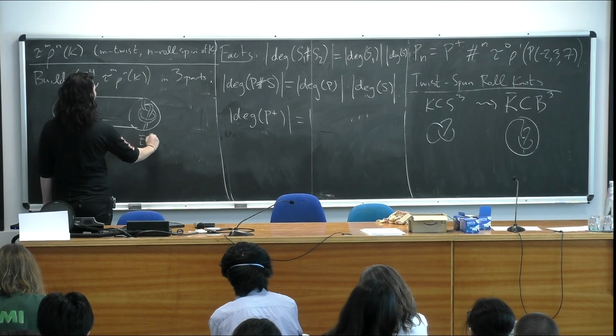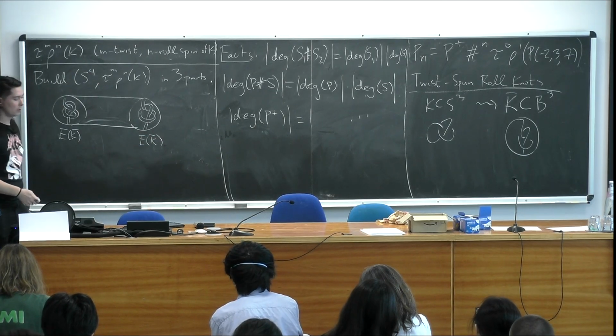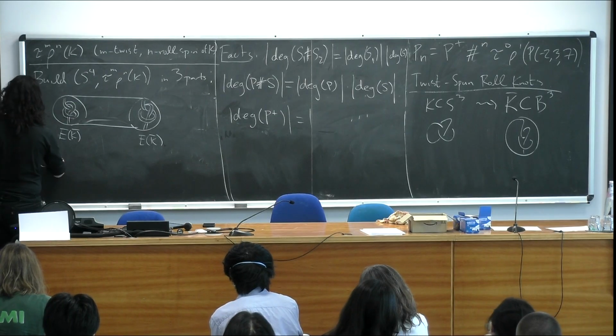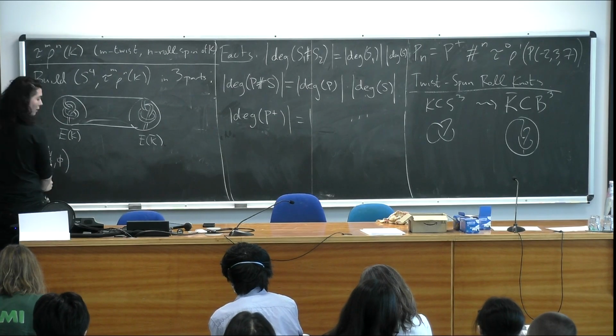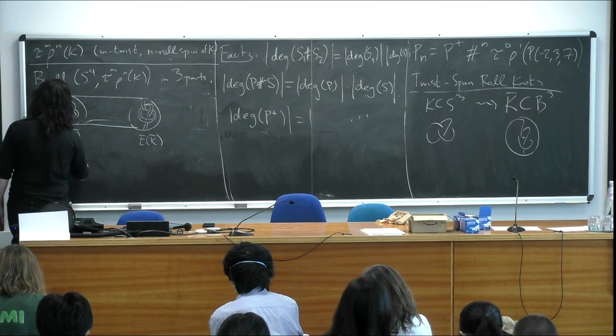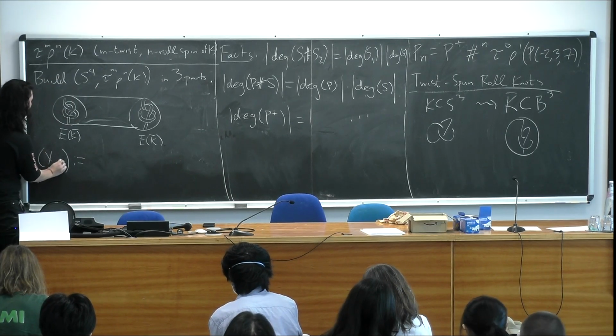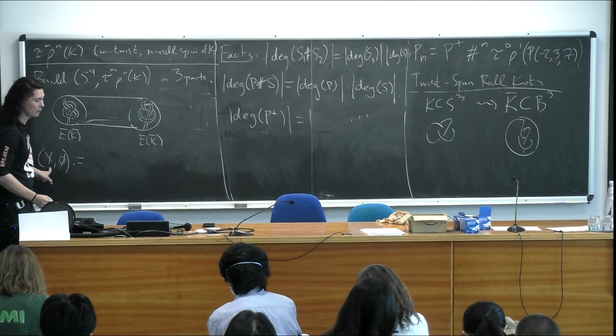So I chopped out a tubular neighborhood. And then what I'm going to do is take a mapping torus of a certain diffeomorphism. So I'm going to define X, comma, this is the empty set. So we first start off with no surface.